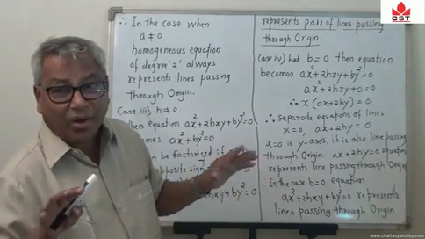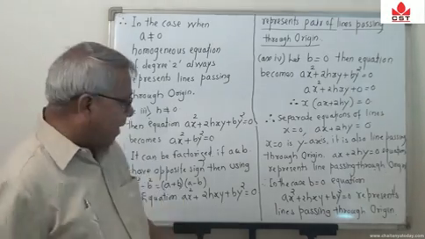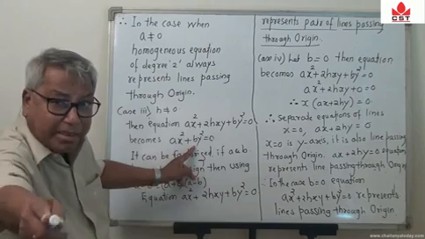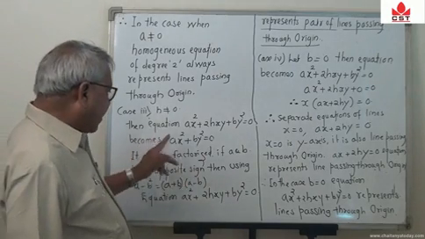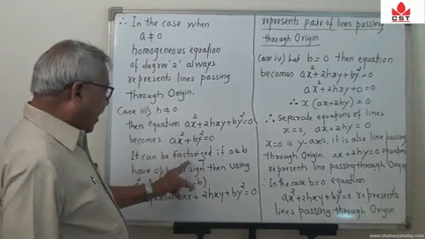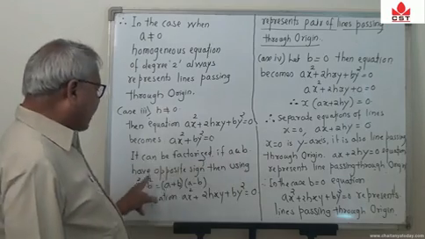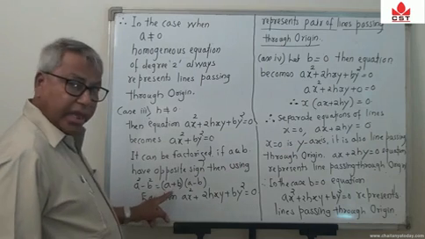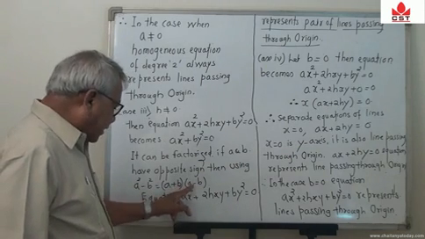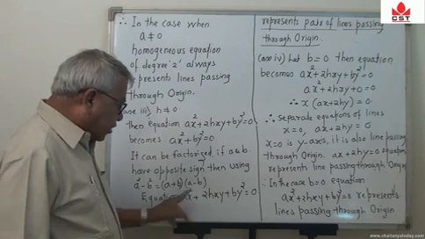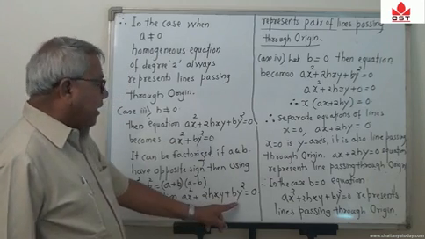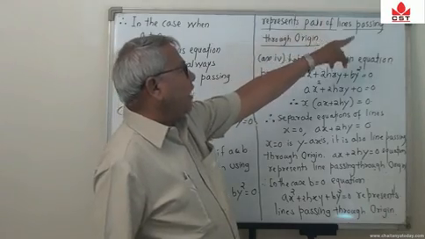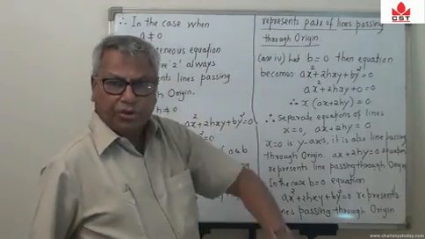But we are always in a real frame, and therefore we cannot factorize if a and b have the same sign. But if a and b have opposite sign, it can be factorized. Then using a square minus b square equal to a plus b and a minus b, the equation ax square plus 2hxy plus by square equal to 0 represents a pair of lines passing through origin.